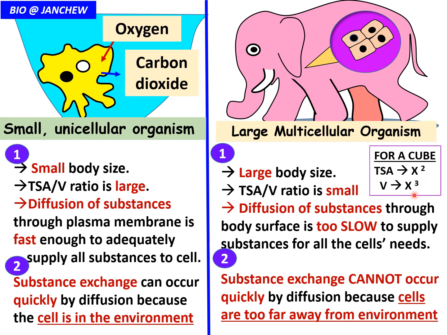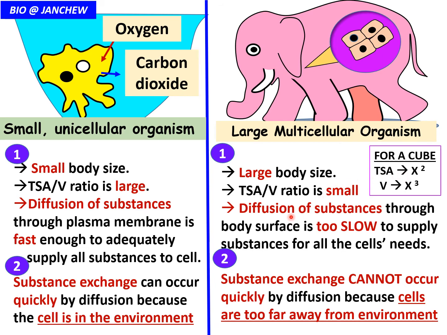This means that the volume of the body that requires oxygen increases more than the total surface area that is used, the total surface area of the skin, for example, for diffusion of substances through it.